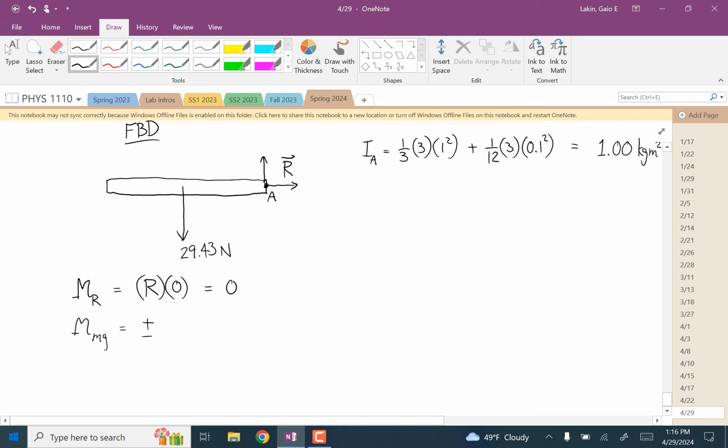This is plus or minus a force of 29.43. What's the distance from the about point to where the force is applied? 0.5, yep, it's half of the length of the board. And would that force make it rotate clockwise or counterclockwise around A? Counterclockwise, so it's positive. And so this is positive 14.715.